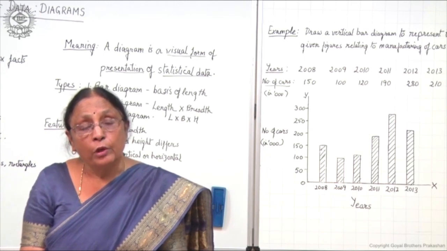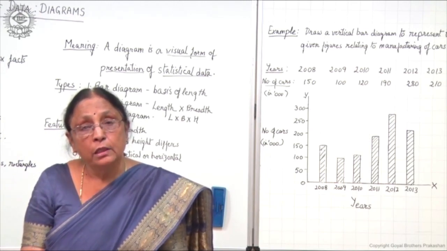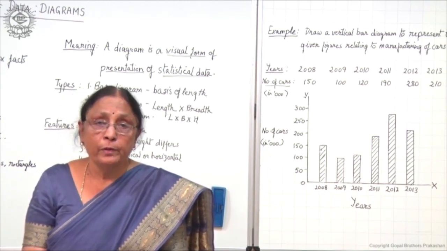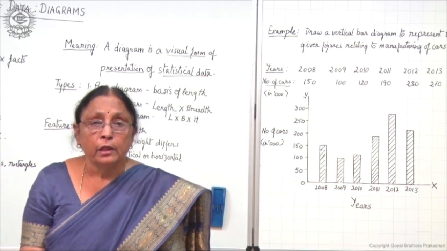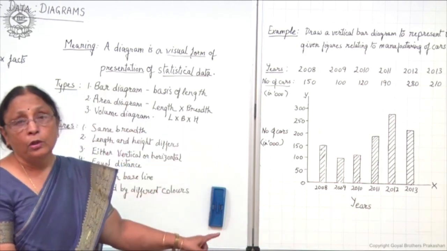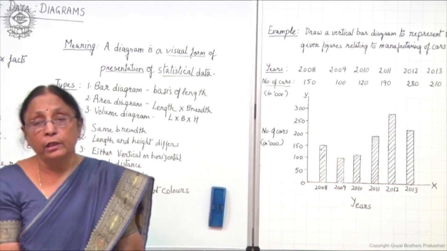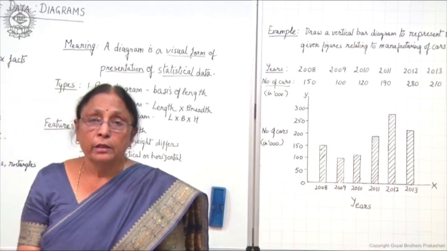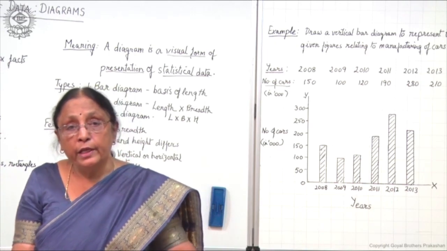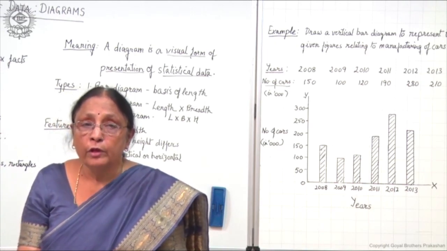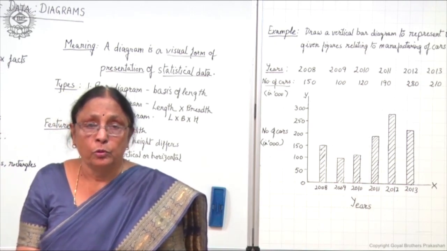There are two other types of bars also, known as double bar and triple bar, that we will take later. Here we have taken only simple bar, and in this example only a vertical bar diagram. The same data can be represented in the form of horizontal bar also.